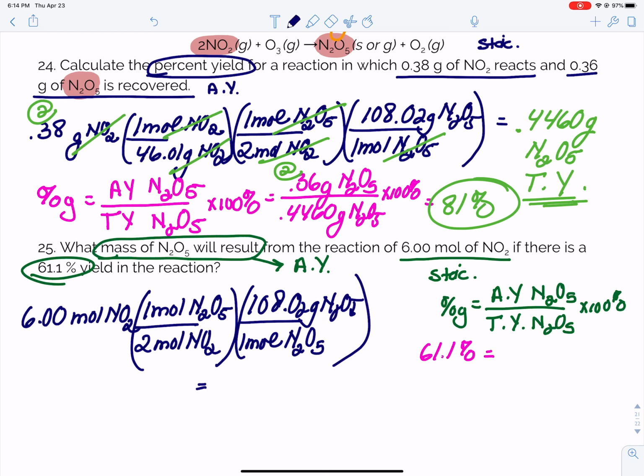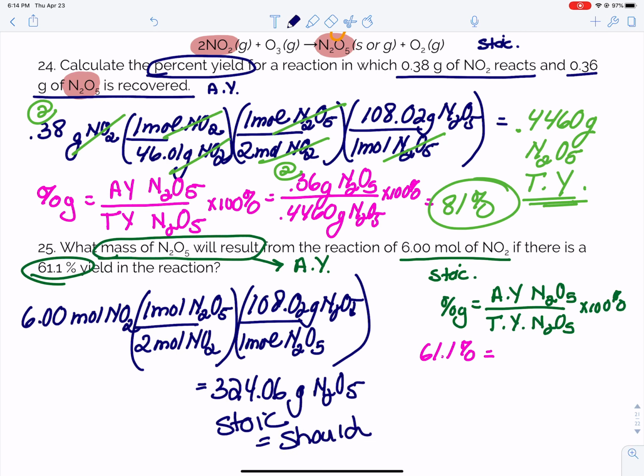Solving for this, I get 324.06. And what is that? That's the grams of N2O5. It's the end of a stoichiometry problem, which is how much I should be able to make. So that's my theoretical yield.